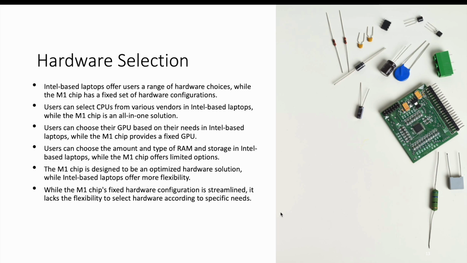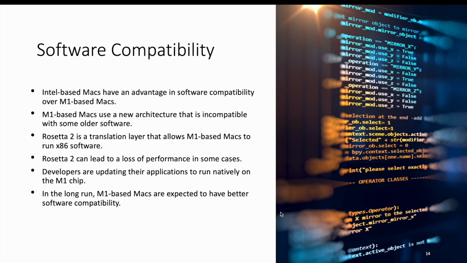And next, we'll see about software compatibility as well. When it comes to software compatibility, Intel-based Macs have an advantage over M1 based Macs. The reason being, the latter uses a new architecture which is incompatible with old software. To make up for this, Apple has introduced Rosetta 2, a translation layer that allows M1 based Macs to run software designed for x86 architecture.